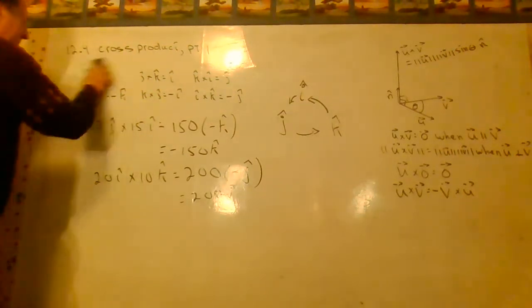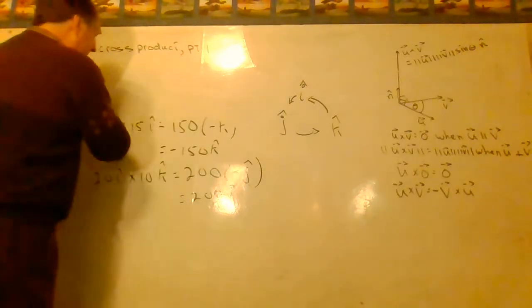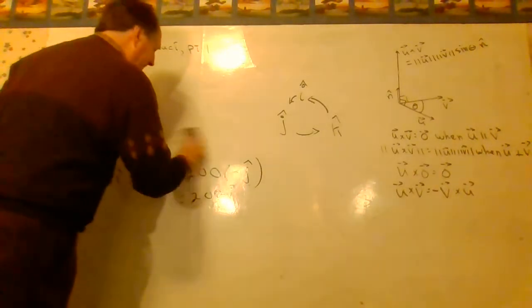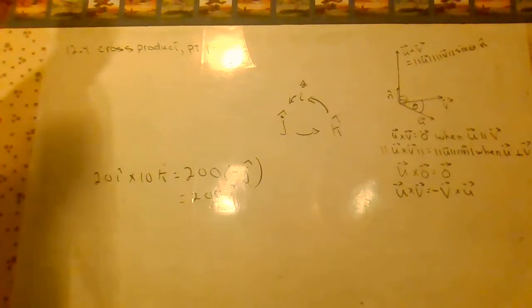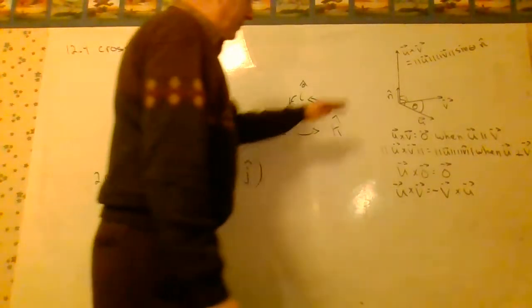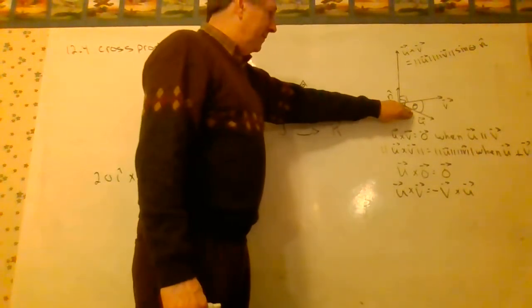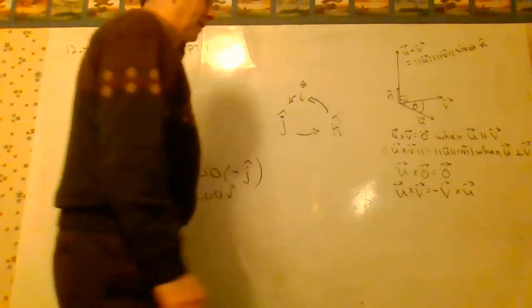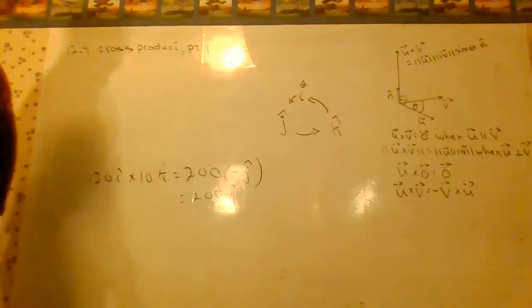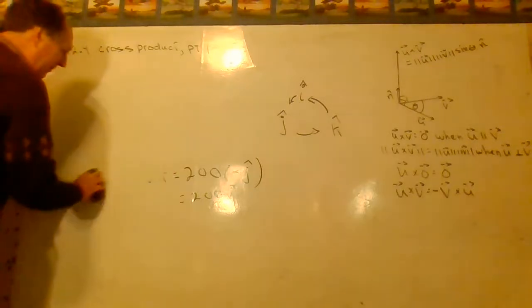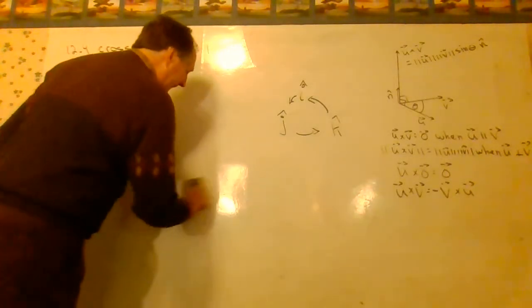Now you can actually prove that the cross product is distributive. Not easy to do. It can be done with this definition, but it's not easy. There's a math definition that's much easier for proving the distributive property of the cross product, but we'll just assume it here.